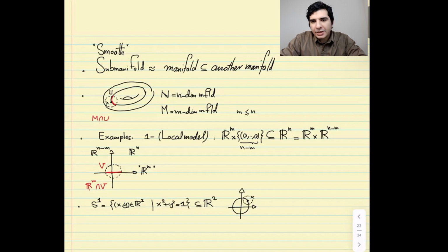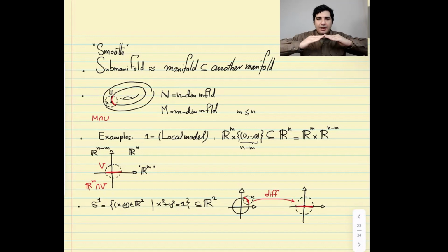If we pick any point x on the circle and a small open neighborhood around it, there is a diffeomorphism which takes this small open neighborhood to some other small open neighborhood in R^2, where this diffeomorphism takes this red piece, the intersection of the circle with our open neighborhood, to R inside R^2.